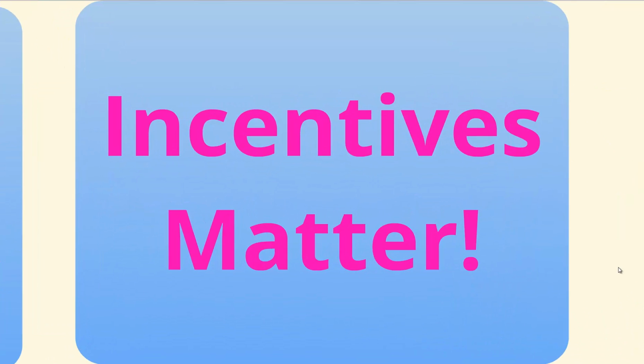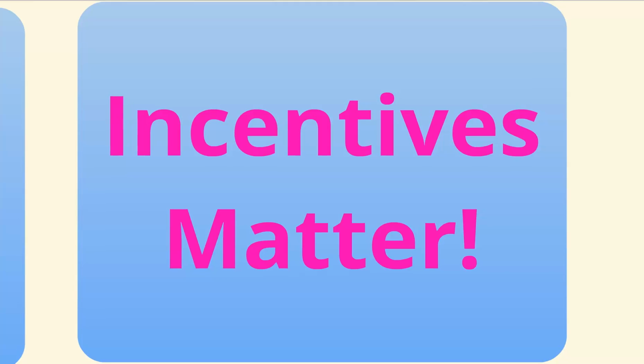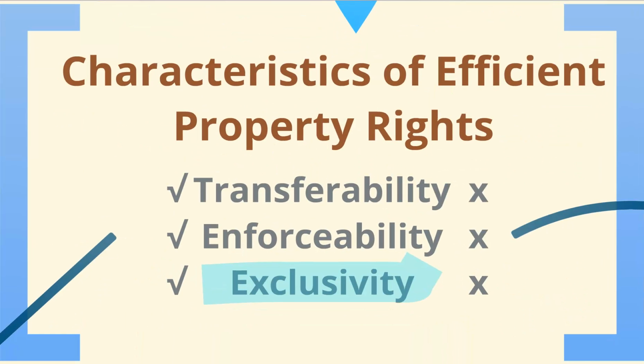An important concept that we're going to come back to throughout the class is the idea that incentives matter. Unless you have strong incentives, your policies are going to get messed up, and you're not going to get the outcome that you desire. All right. So one of the things that we're going to think about a lot is what are the characteristics of efficient property rights.